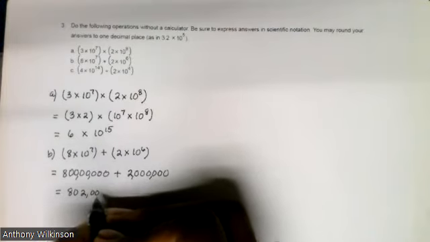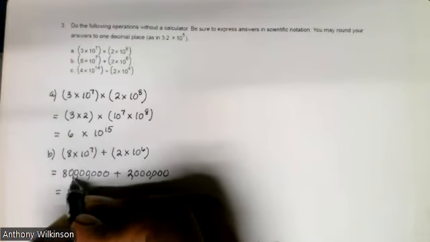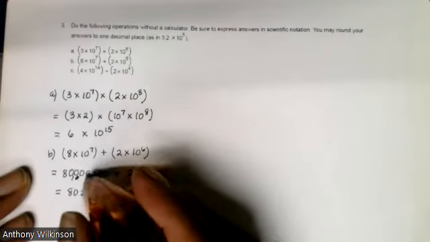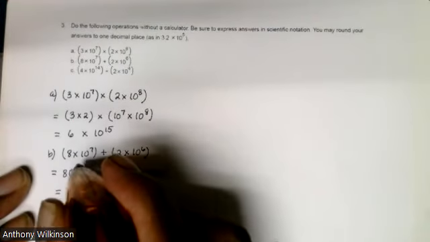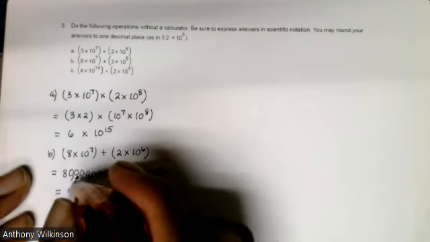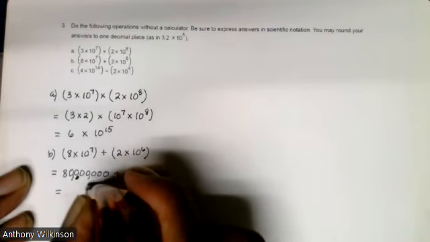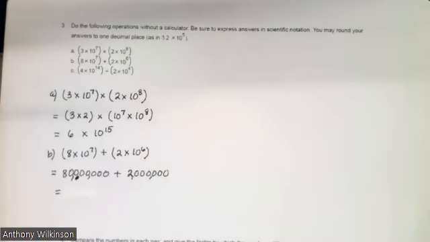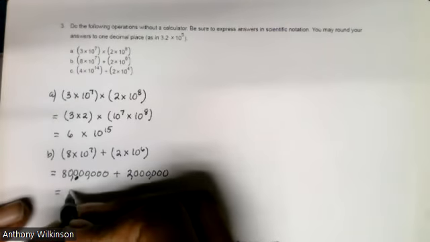I'm sorry. With 7 zeros, 8 with 7 zeros, that's 80 million. Plus 2 million. So it'll be 82 million.